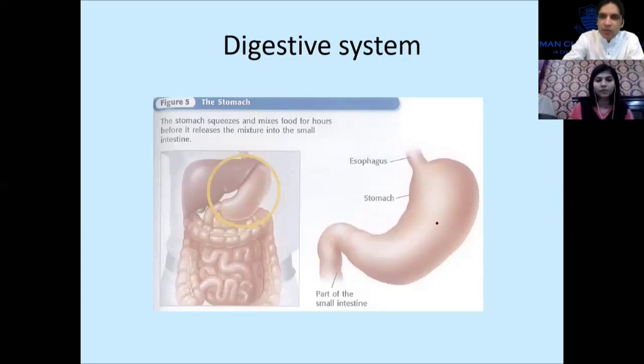Another question you might be wondering is, if such a strong function of protein digestion is executed within the stomach, why is the stomach itself not destroyed by the action of those things?